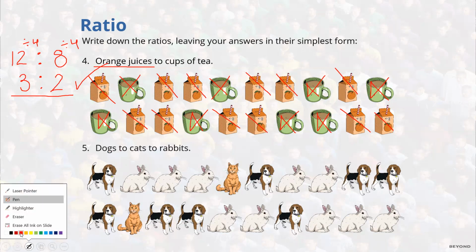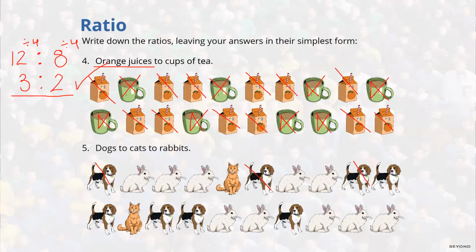How many dogs are there? 1, 2, 3, 4, 5, 6, 7, 8. Definitely, so it's 8.